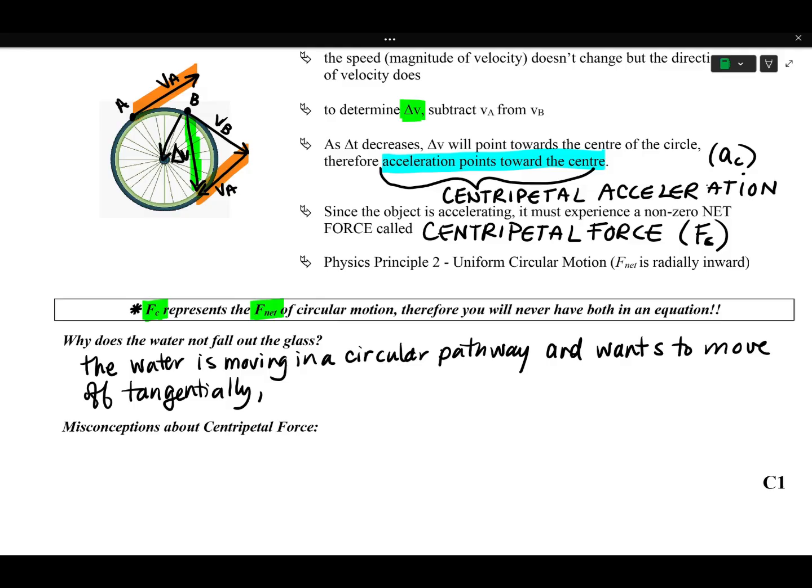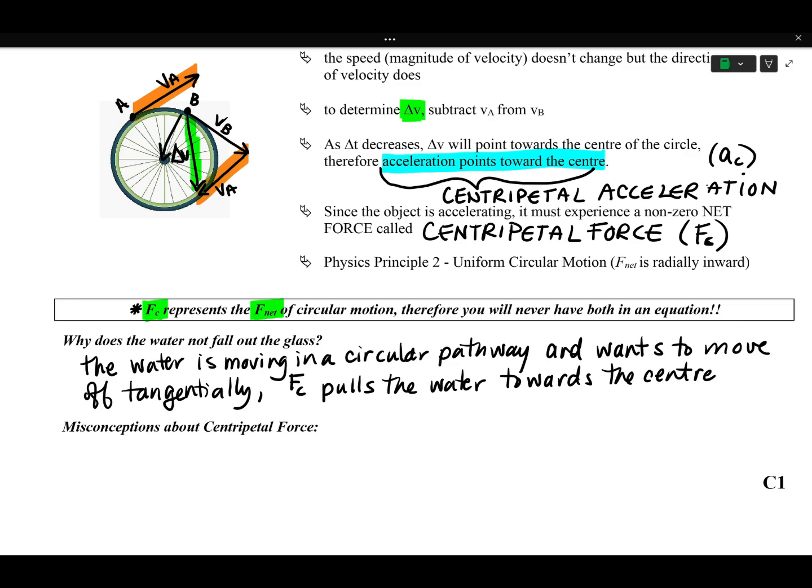So it wants to move off tangentially. The centripetal force, Fc, pulls the water in the cup towards the center of the pathway. And in this case, that centripetal force is the force that's in the string. And so it's a tension force that's keeping it from flying off.